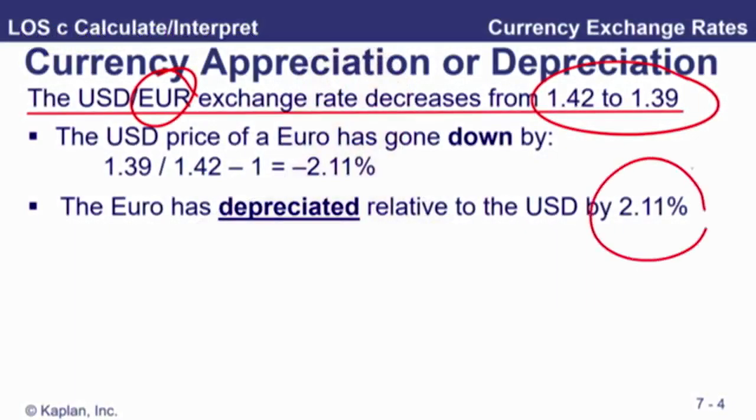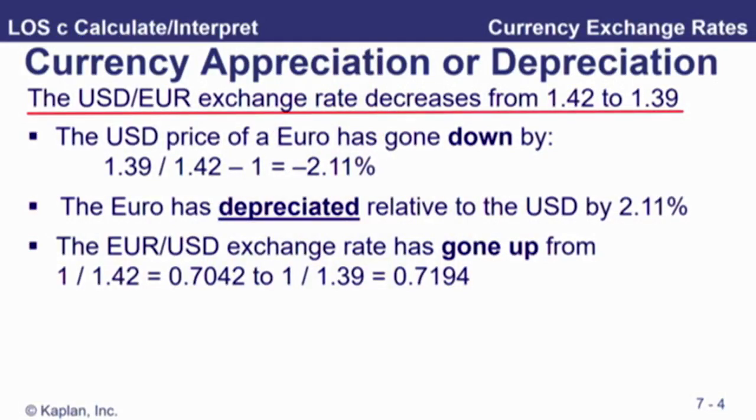Fact. But the second part is where the danger comes in. What you can't say is that the US dollar has appreciated relative to the euro by 2.11%. Because in this calculation, we don't have the USD as the base, therefore we are not considering one US dollar. Before you can talk about the percentage appreciation of the USD, you have to swap the quote round.